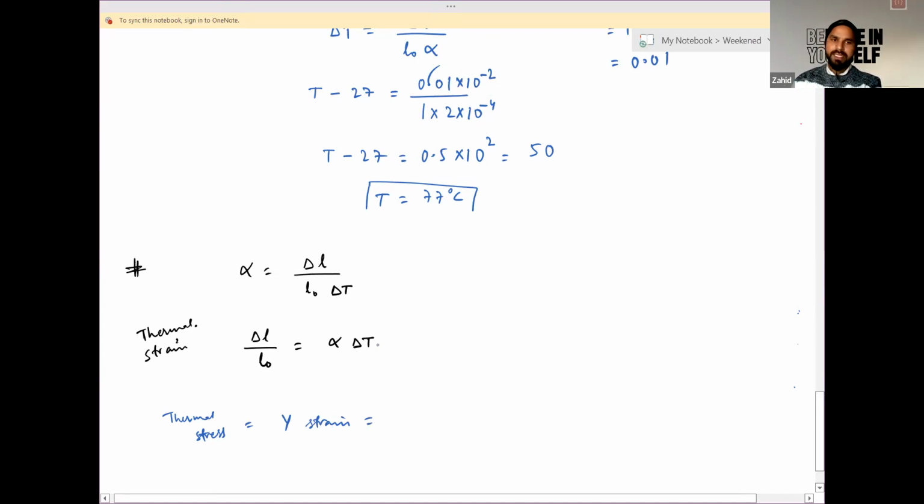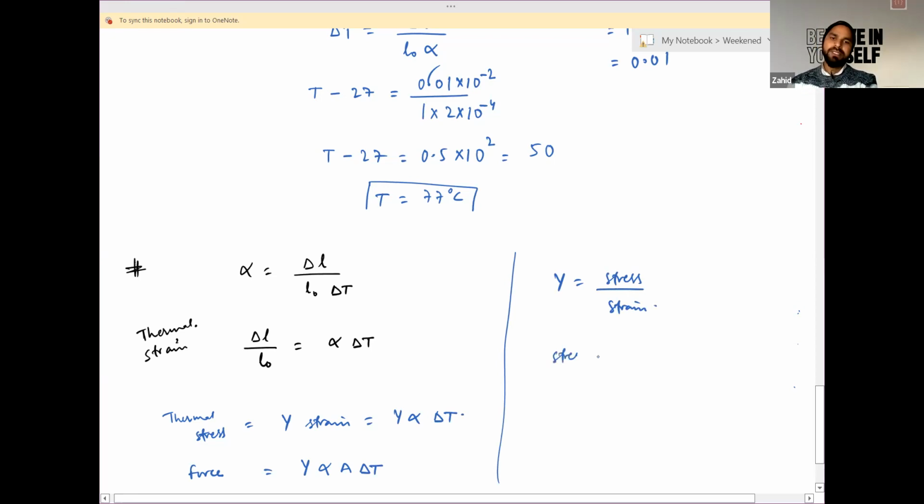We have strain as alpha delta T, so put it in, and it will become Y times alpha delta T. Then the force due to this change in temperature will be equal to Young's modulus times alpha times area times delta T. As Young's modulus equals stress divided by strain, we can write stress equals Y times strain.